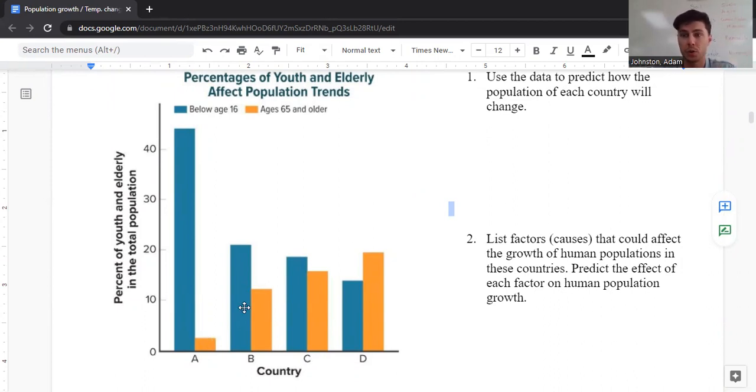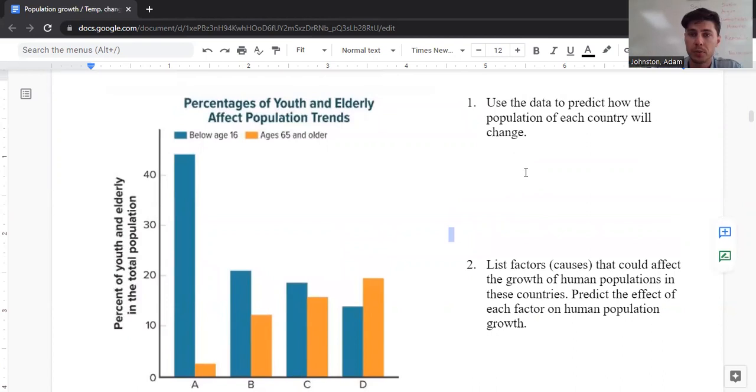Once people are 65 and older, they don't have as much of a lifespan. They've lived 65 or more years. And at that point, they are not having new babies. So if we keep that in mind, countries that have a larger population of youth will likely see growth in population. They will likely see at least sustained population.